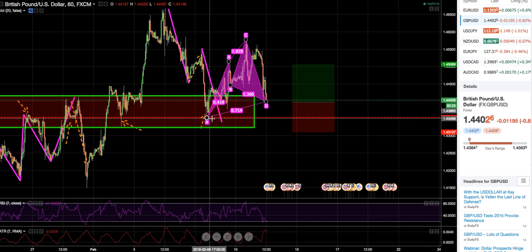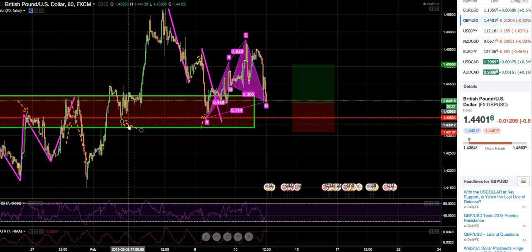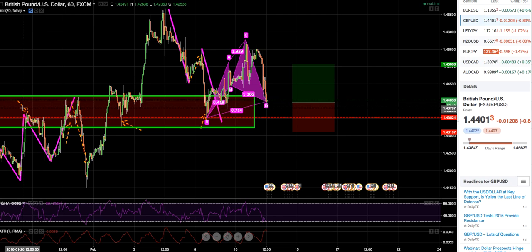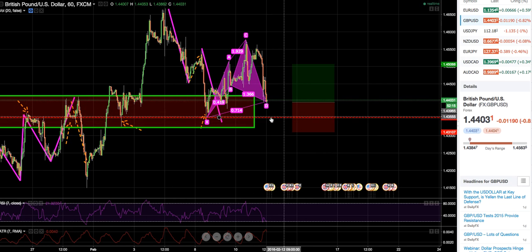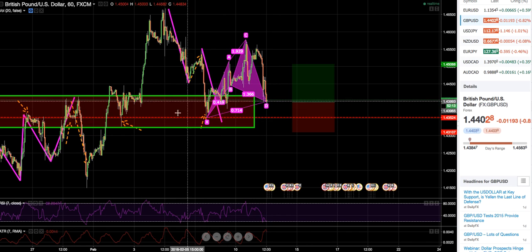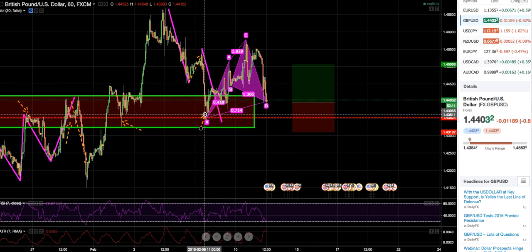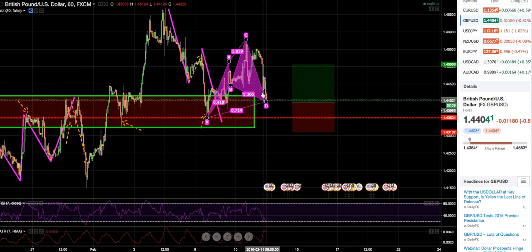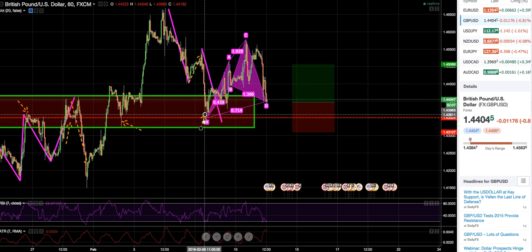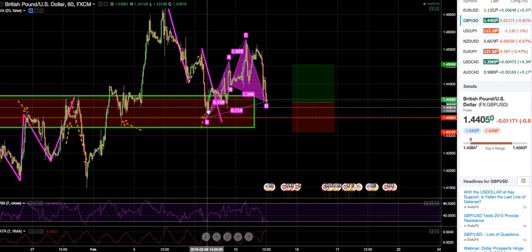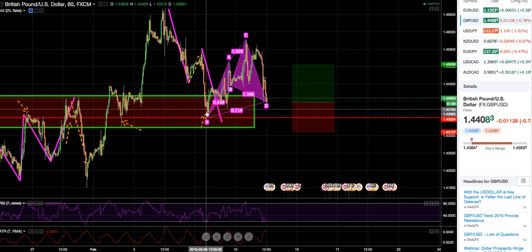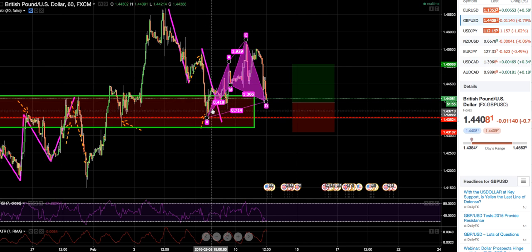You can see that I drew in the structure, these lines right here, or these arrows on the red line, and I made a box, a structure box, if you will, and we can see that the market went into that box. Actually, at that, I believe we were talking about the market when it was right here, and you can see we rallied off that point.